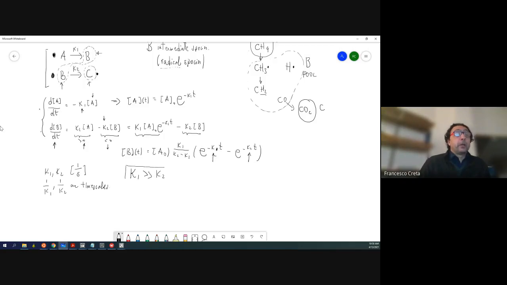This also means that 1 over K1 is much smaller than 1 over K2, meaning that the time scale associated to the first reaction, A going to B, is much shorter than the time scale characterizing the second reaction of oxidation from B to C.